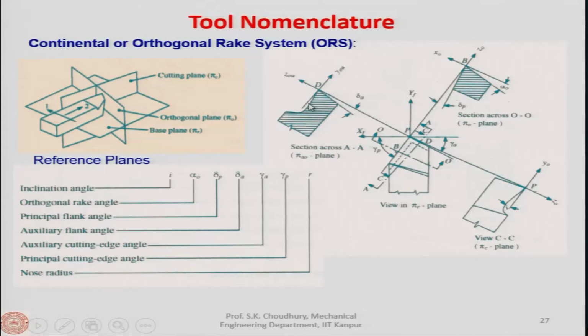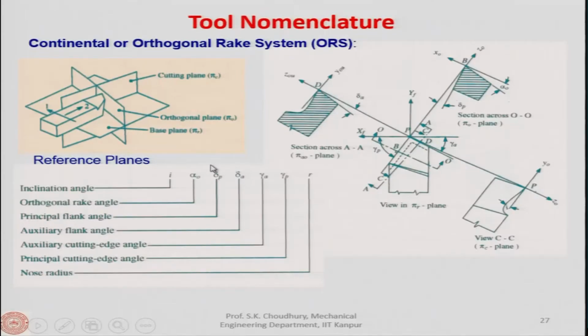You can also say that there is a rake angle, but we do not show a separate rake angle in this ORS system, because I and alpha 0, the inclination angle and the orthogonal rake angle together, sufficiently and clearly describe the inclination of the rake face. Similarly, the inclination of the flank face will be defined by the principal flank angle.